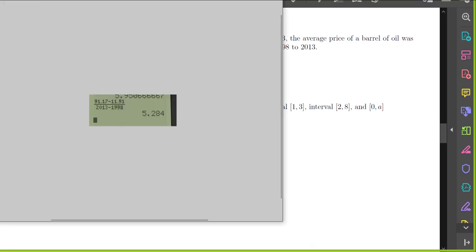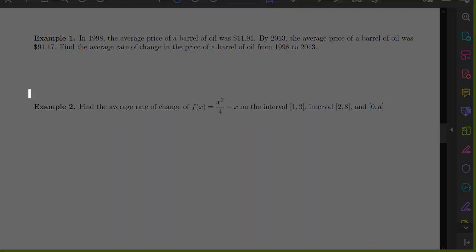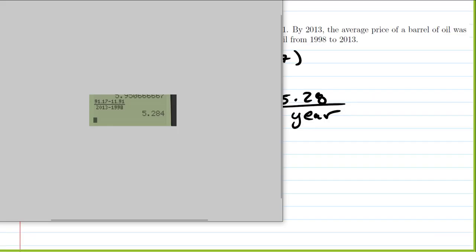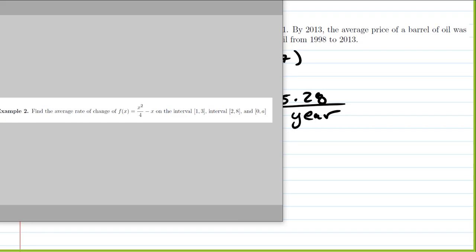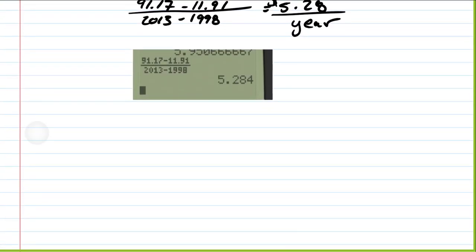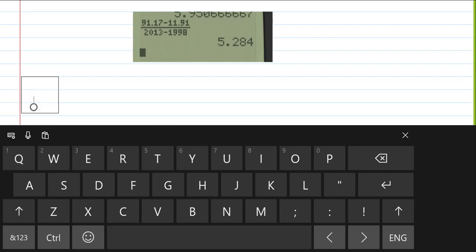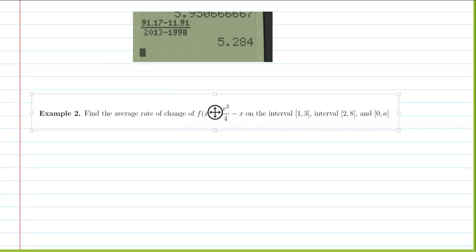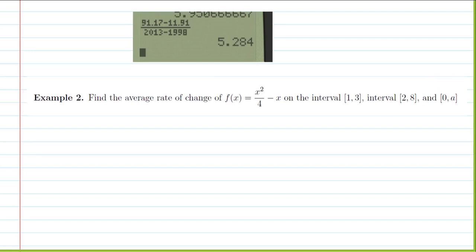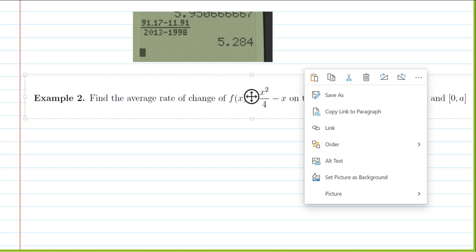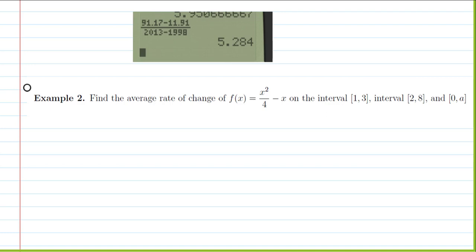All right. Well, let's take a look at our next example. Example number 2 says find the average rate of change, but instead of being given discrete data points, this time we're actually given a function. So it says find the average rate of change on the interval [1, 3]. So remember, each of these are our inputs. So that's my a, and that's my b.